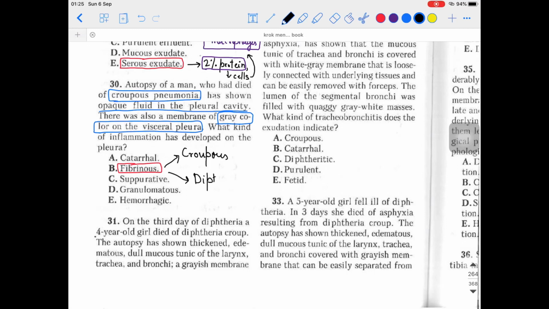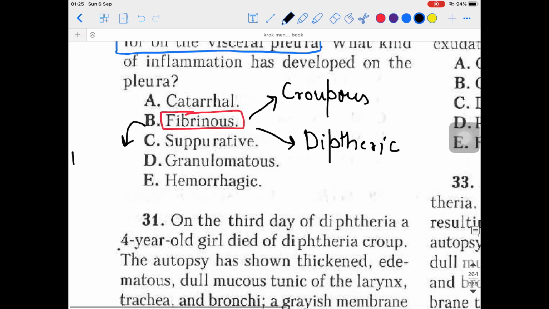I'm just simply writing the diphtheric one. One more thing, this fibrinous inflammation is also called pseudomembranous inflammation.